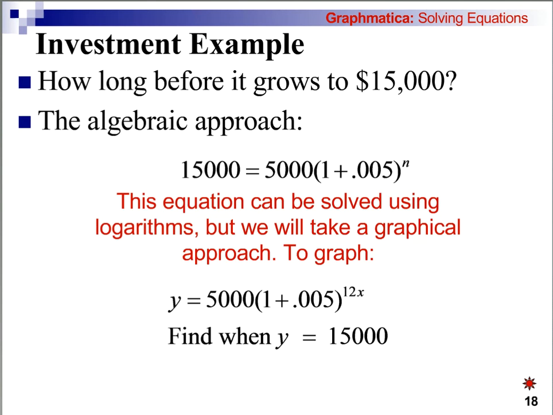Now, the 12x is a slight adjustment so that on the horizontal axis we end up with total number of years rather than months, so we don't have to convert. And therefore the graph that we get will show years on the horizontal axis and then future dollars on the vertical axis. So this is what we're going to end up looking at here on the next slide, and then I'll show you a video of how to do this on your own in the graphing software.